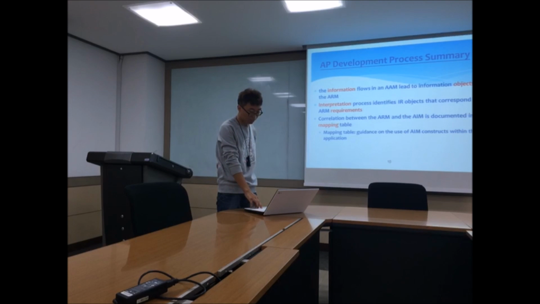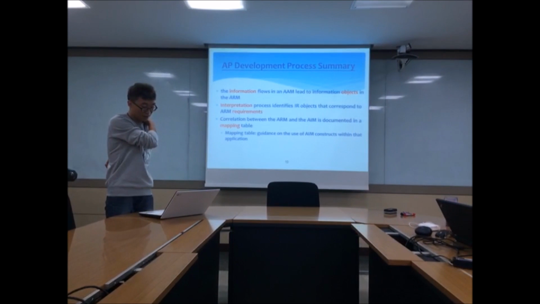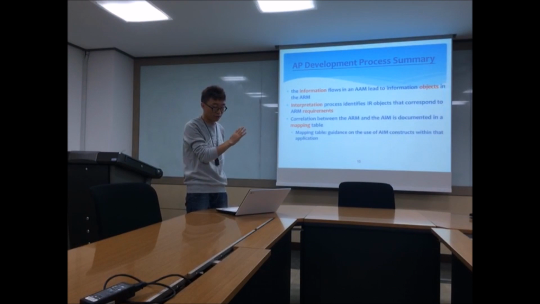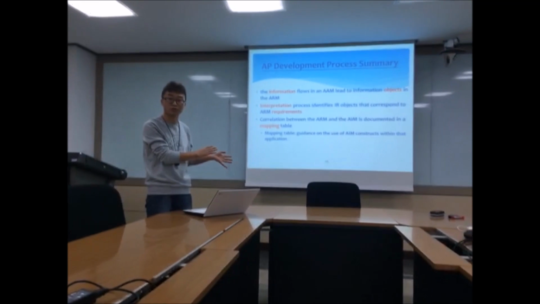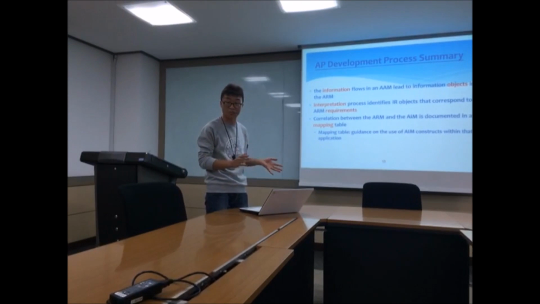Okay, as I have mentioned, in this process the information flows from ARM to AIM. So the interpretation process defines the IR objects that correspond to ARM requirements, and the correlation between the ARM and AIM can be documented in a mapping table.